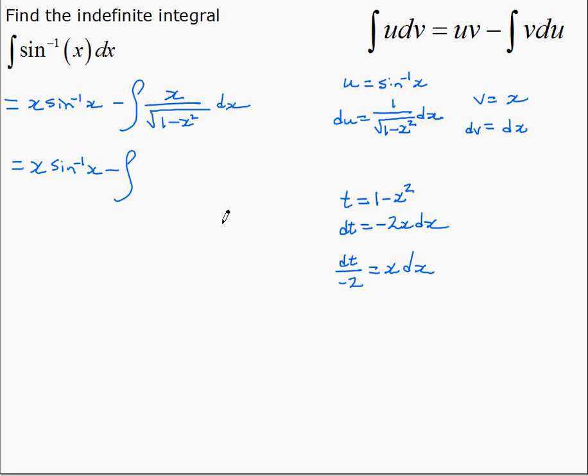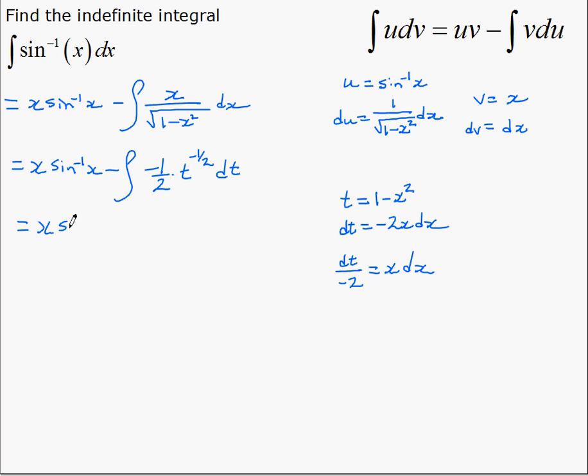Substituting in here then, we get minus 1 over 2 multiplied by t to the minus a half. This is t, it's in the bottom, so we'll take it up top. So minus a half dt.